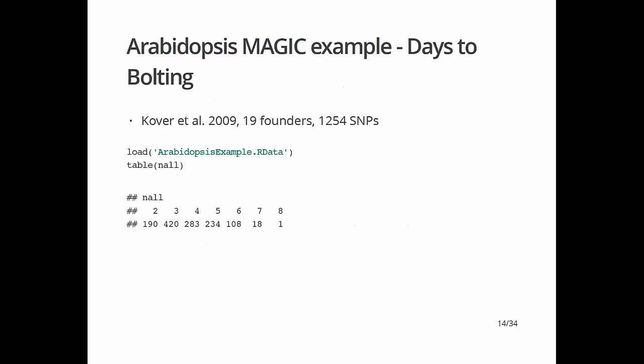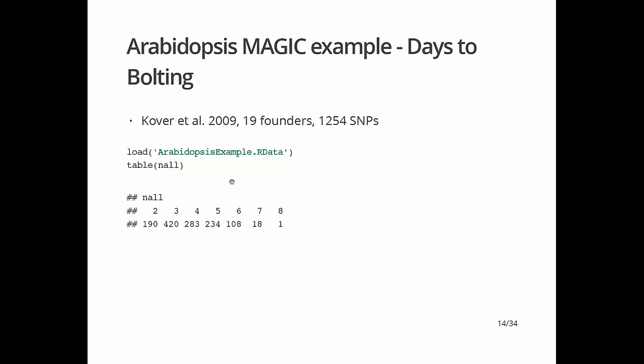So all of these are implemented in mpMap, and so I'll show you what they look like in terms of the Arabidopsis MAGIC data. So one of the data sets which is on GitHub is this Arabidopsis example. It's the data that's available on Richard Mott's website, which was from the original paper by Kover et al. in 2009.